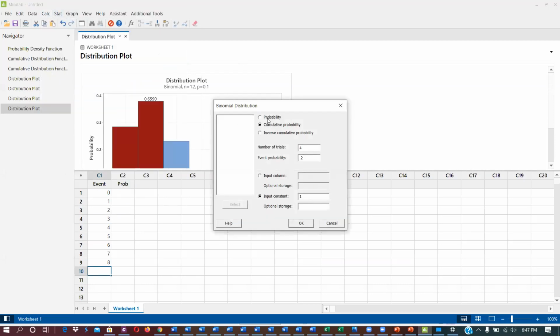Let me see what we need here. Number of trials is 8, and the event probability is, let's say, 0.1. Input column. Now I have this input. For output storage, I can store in the C2 column. So let me do this on C2, which is probability.